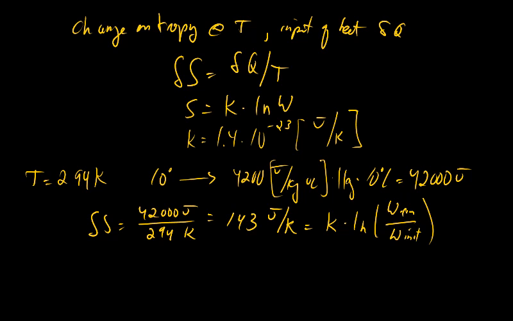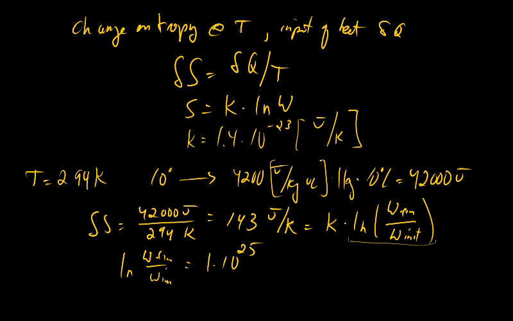This is the quantity that I'll actually be able to find. With k being 1.4 times 10 to the negative 23, I'm going to get that the ratio W final over W initial is going to be on the order of 1 times 10 to the 25, when I solve for that.